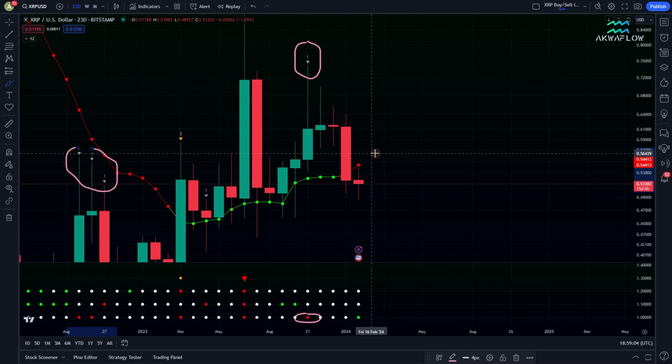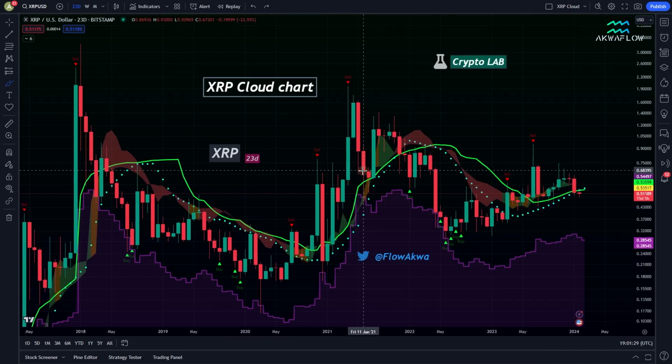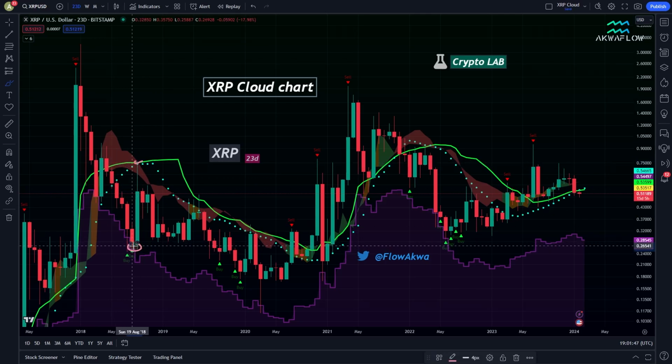We can move to the next chart and the last chart of the day, the cloud chart. On this chart, I want you to pay attention to the confluence points between the green line and the bull market support with the blue dots. As you can see, for example, here we have a cross between the blue dots and the green line, and the price went from here to here.